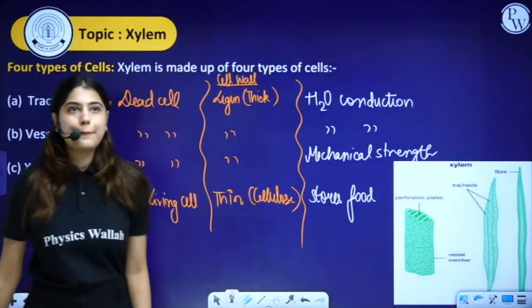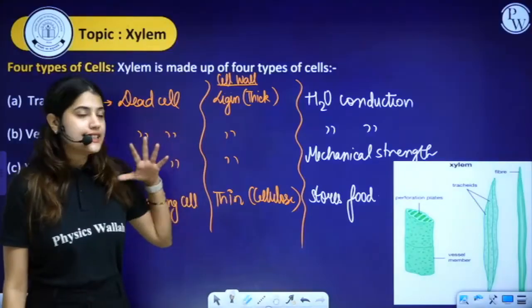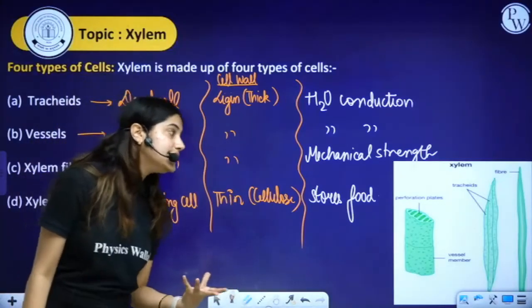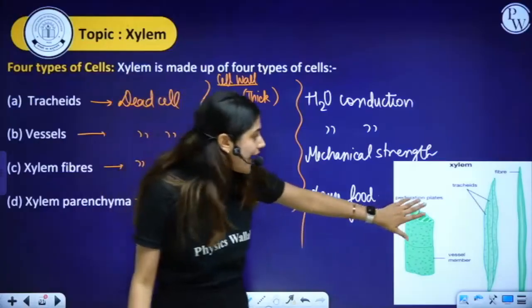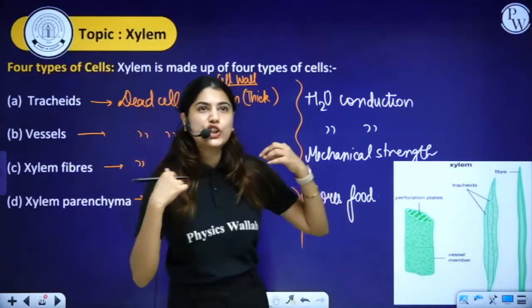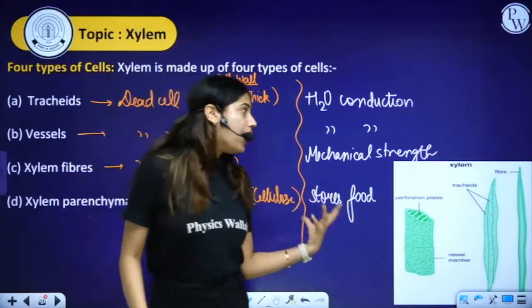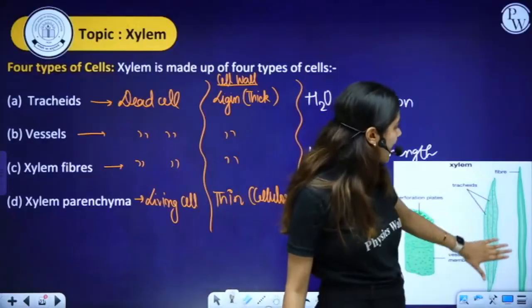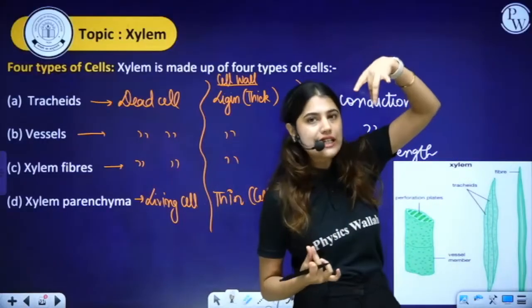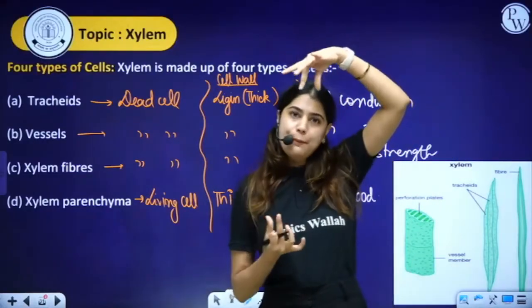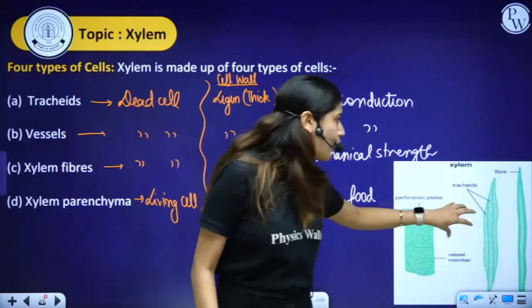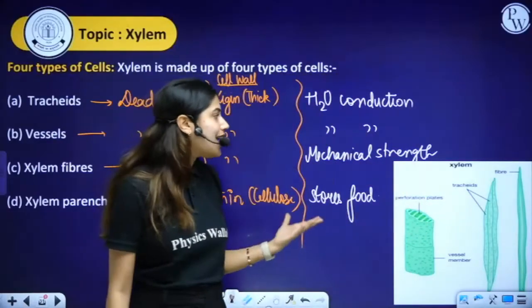That was about the xylem and its cells. Here is a diagram where you can see that the xylem vessels are somewhat tube-like structures. On the other hand, the xylem tracheates are more spindle-shaped. Spindle shape means they are pointed at the corners and broader in the middle. And yeah, that was about it.